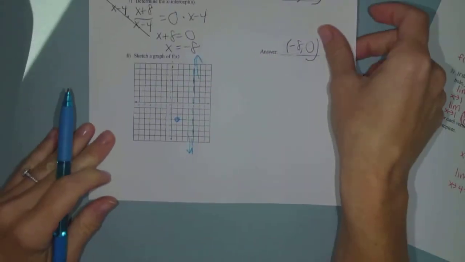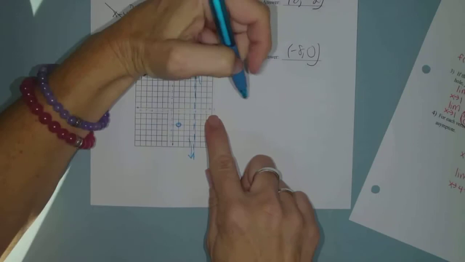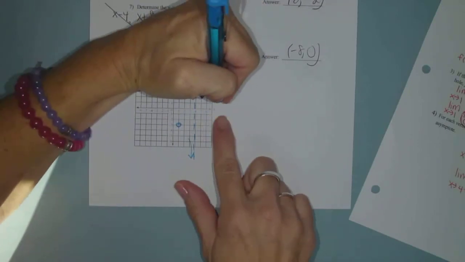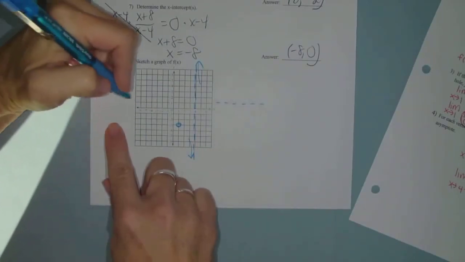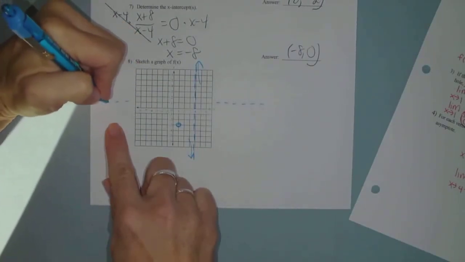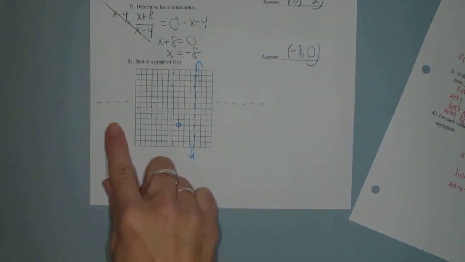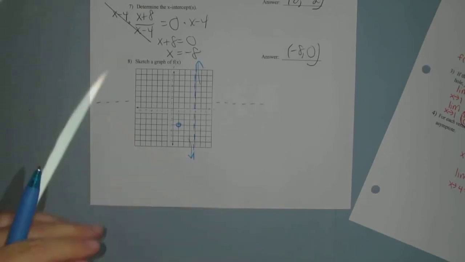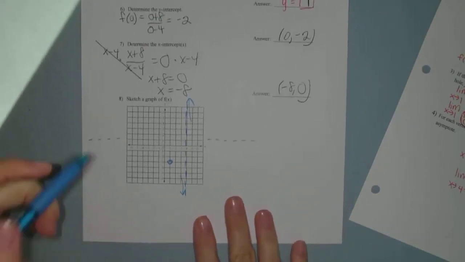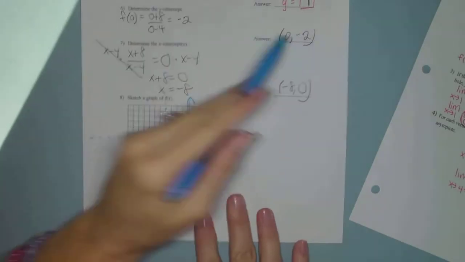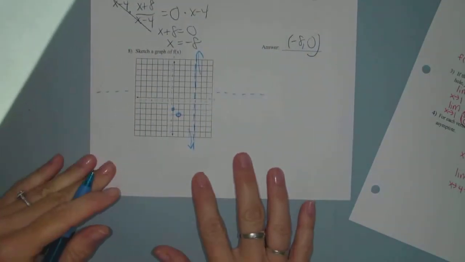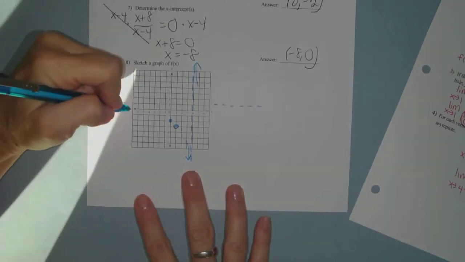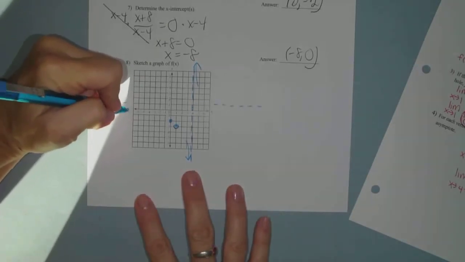So the way I'm going to draw that in is I'm going to come to y equals 1 and out here to the right, horizontal asymptote, and out here to the left, horizontal asymptote. Okay, I know that I have a y-intercept at 0, -2, so 0, -2 right here, and an x-intercept at -8, which is about right here, -8, 0.